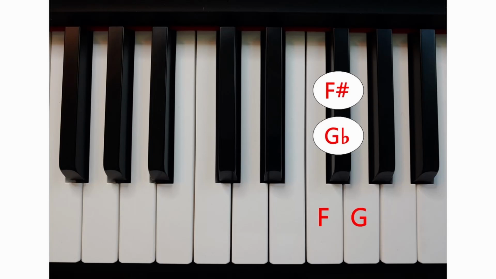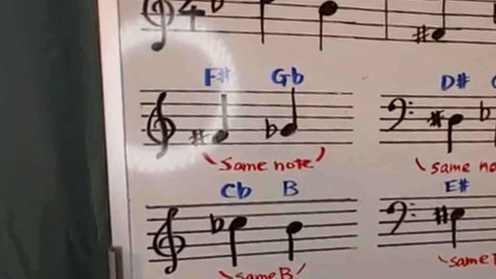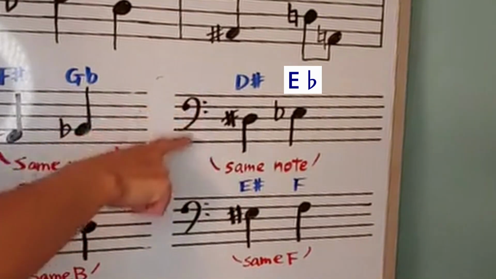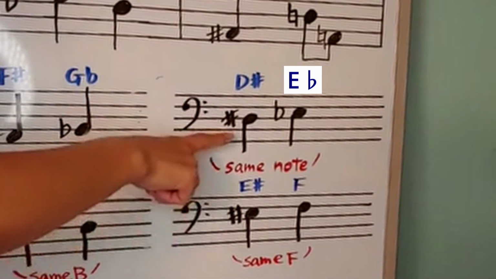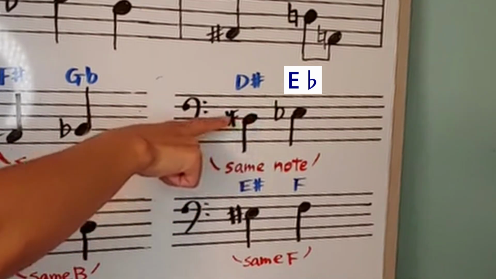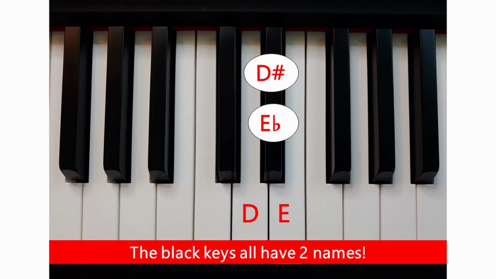F sharp, G flat is the same note right here. If you have a piano, you can play and see for yourself. This is a G clef, right? So it's for the right hand. And if you remember, this is the D, D sharp, and they are also the same black key, same note, D sharp or E flat. You get the idea of how the sharp and flat share the same black key.